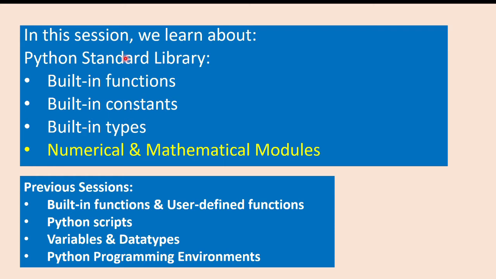And you also have access to built-in constants like True, False. These are all the built-in constants available, which are part of the Python standard library. There are even some modules which are available. Today we'll focus on these modules, and we'll take one of these modules and discuss it.